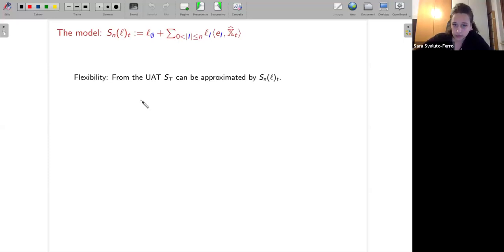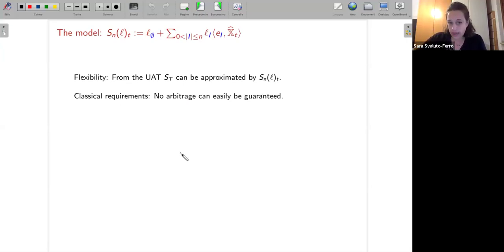Okay, this is flexible. One can prove that on compacts we can approximate every possible strong solution of an SDE, because from rough path theory we know the strong solutions are indeed continuous maps of the driving noise. So we can approximate them by polynomials. Shortly said. We can guarantee a classical condition like no arbitrage.